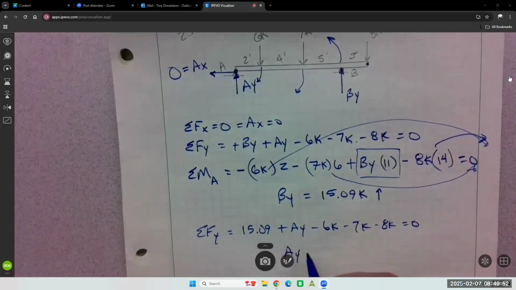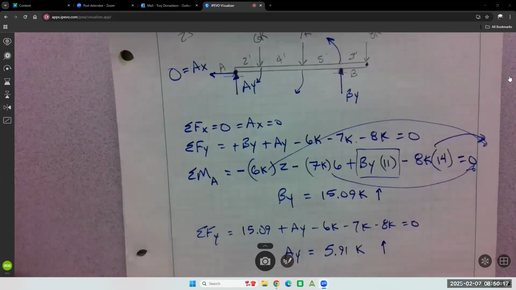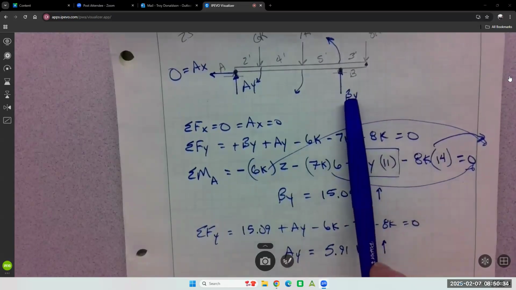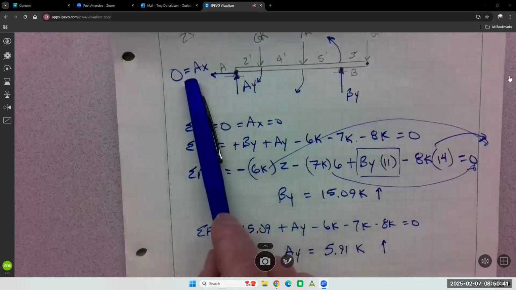And solve for AY. 5.91. Excellent. Now we know them all. We know BY 15.09, AY 5.91, AX is 0.